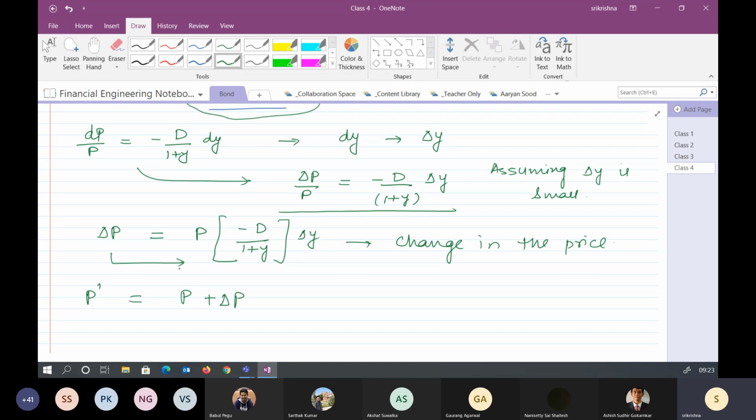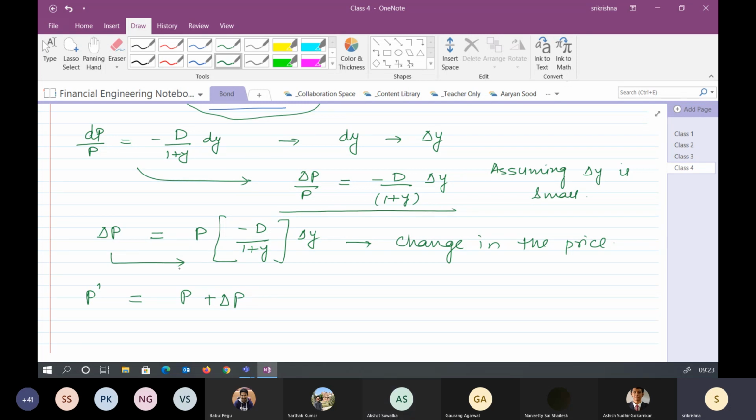Look at this one. If anybody has any doubt, please ask. Sir, here delta y is a very small change in interest rate now. Yes. Then only are we able to write this expression. We will see that if delta y is large, then the error would be very high, and in that case we go with the convexity.